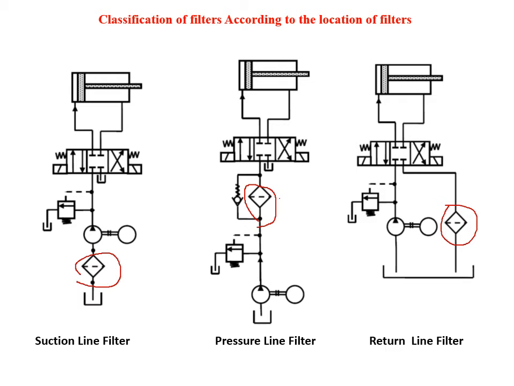Return line filters are mostly preferred because whatever heat is generated by the resistance these filters offer is fed directly to the tank again. Because of this, return line filters are more used. But in some cases where the actuator is sensitive to contaminants, we must use pressure line filters.